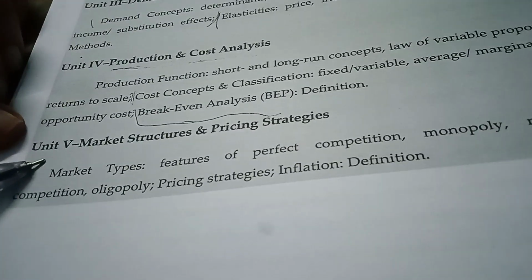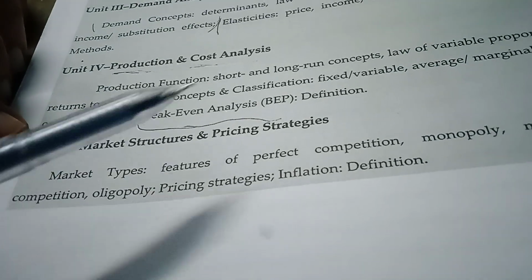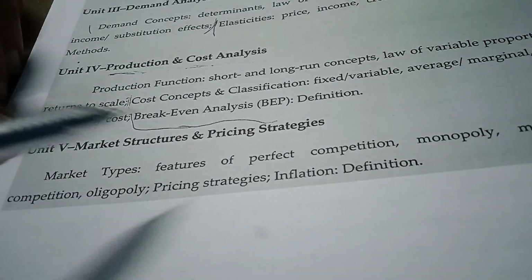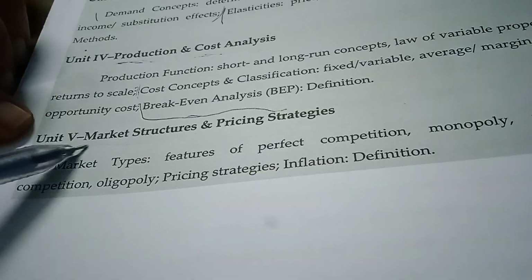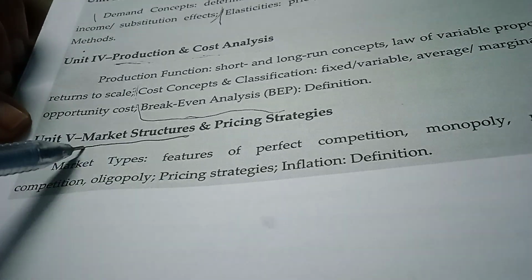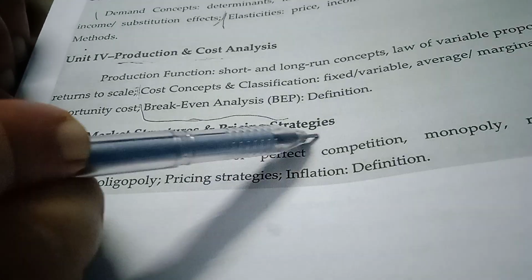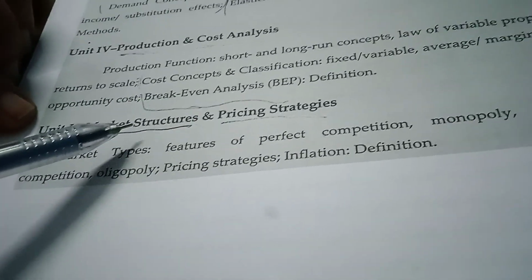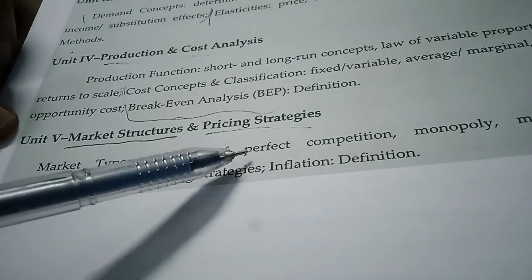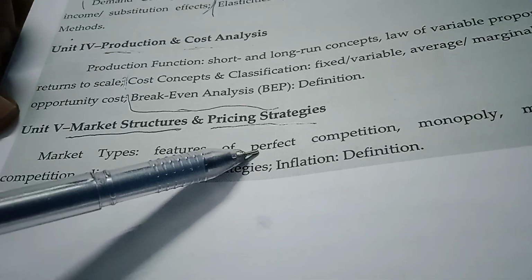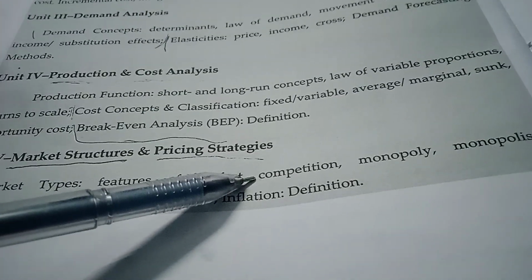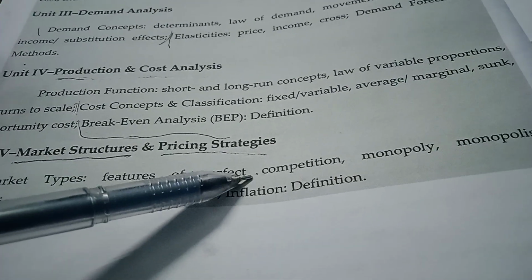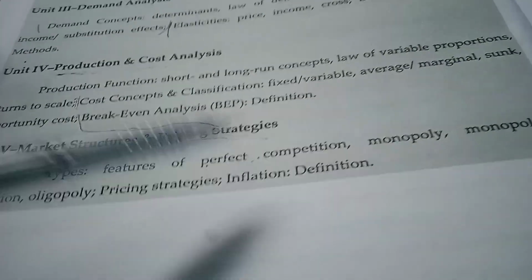Now coming to unit 5, market structure and pricing strategy. Let us consider market structure as chapter 1 and pricing strategy as chapter 2. In market structure we have various types like perfect competition, its features and price output determination with a diagram.